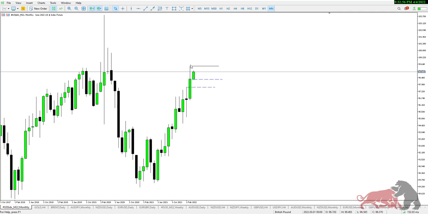With that said, we can clearly see that our draw on liquidity is 99.43, 99.47. And then we have a level of price action which price, or IPDA, will look to fill and then trade to the upside. This is the perfect price delivery that I would like to see on dollar index.